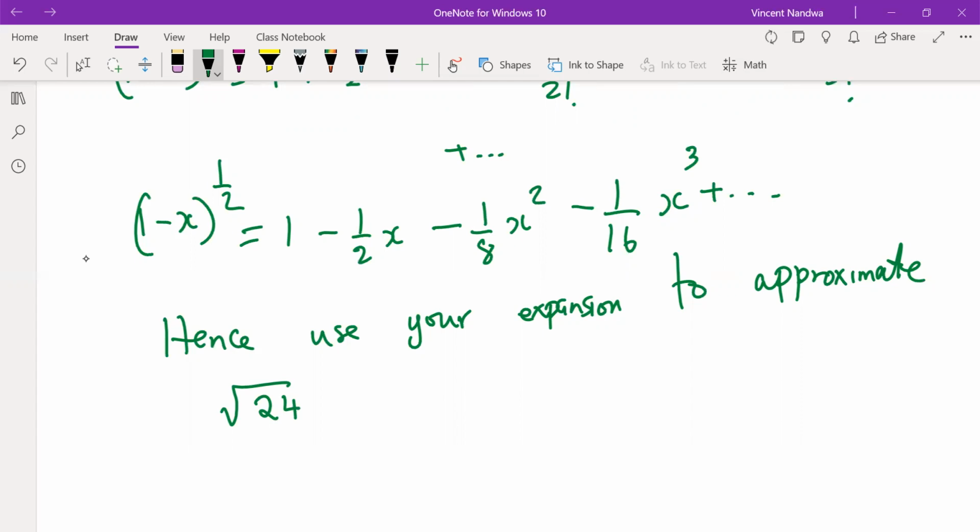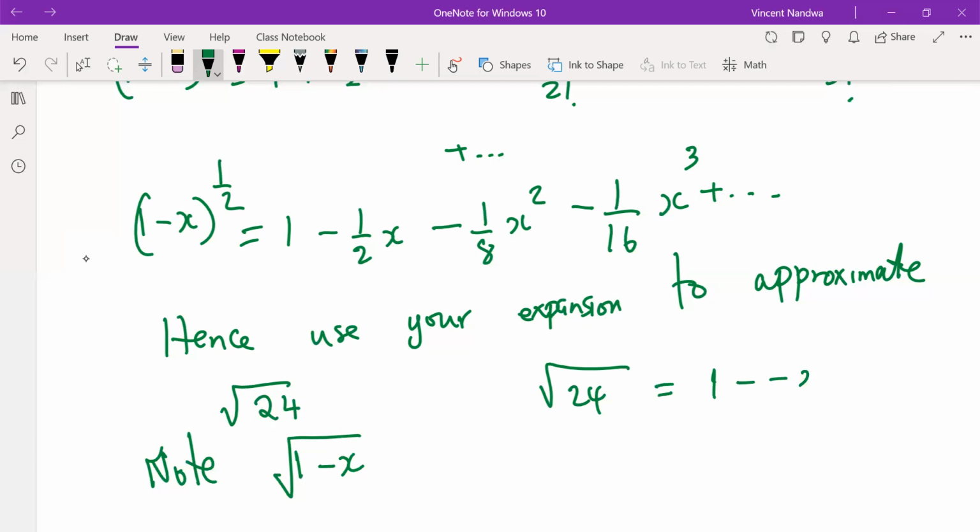So note, we had square root of 1 minus x. So if you have square root of 24, it's really the same as 1 minus minus 23. So this is what will give us 24.